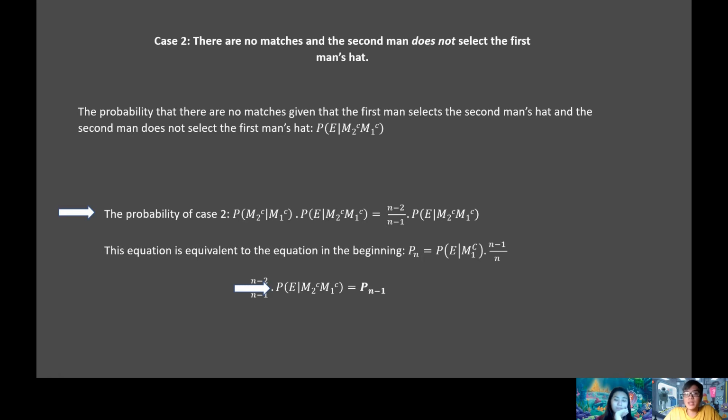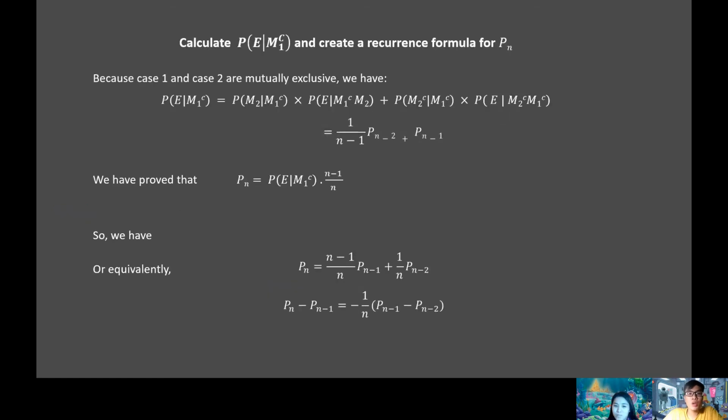Therefore, we could see that these two equations are equivalent, and we could conclude that this probability is equal to Pn minus 1. To calculate the probability of E given M1C, we combine the probability of case 1 and case 2 together, because these two cases are mutually exclusive.